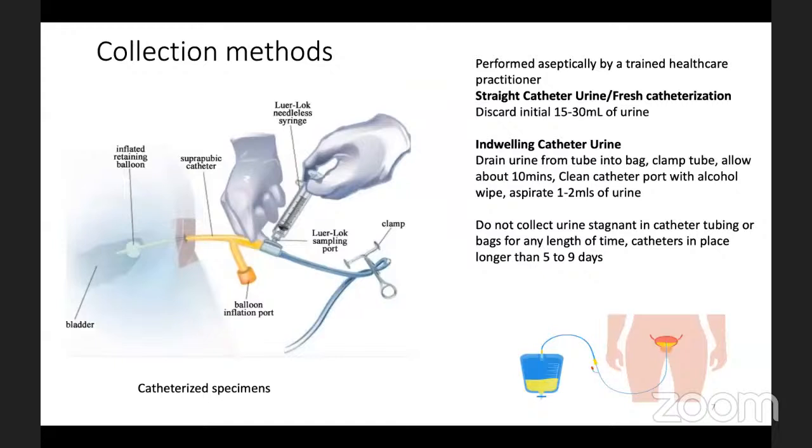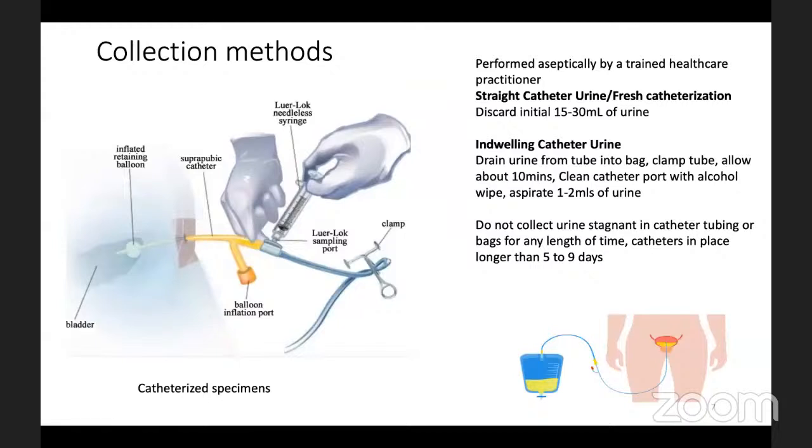All right. So I was saying that for the catheter urine, we need to advise our clinicians and our nurses. I'm sure some of them will know, but we should also be in the know and give good advice during the collection of this sample.